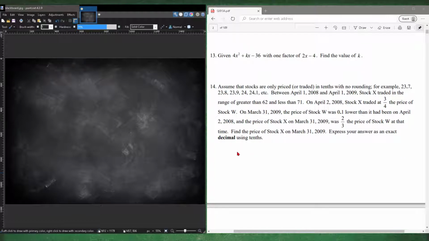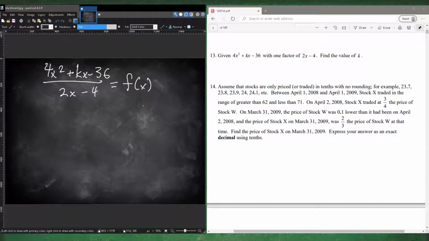13. Given that 4x squared plus kx minus 36 has one factor of 2x minus 4, find the value of k. So if you think about it, we have 4x squared plus kx minus 36 divided by 2x minus 4. That should come out as some kind of expression, and we call that f of x.